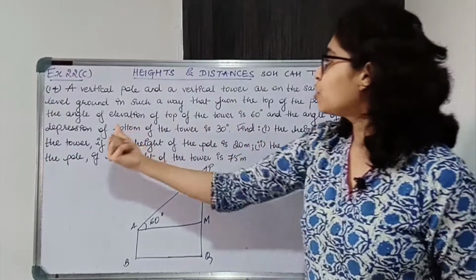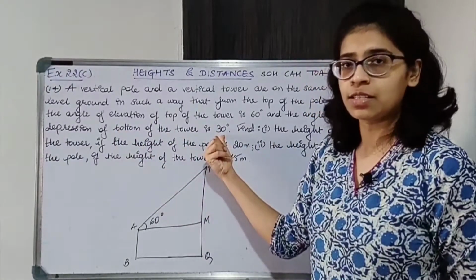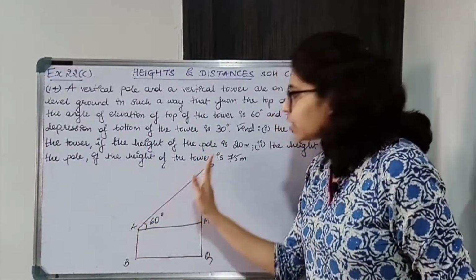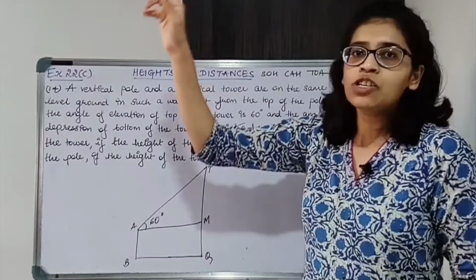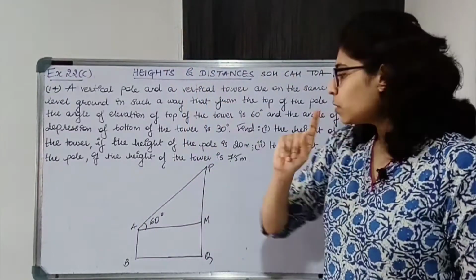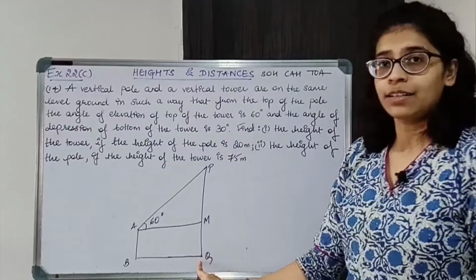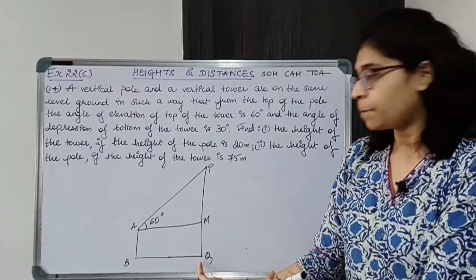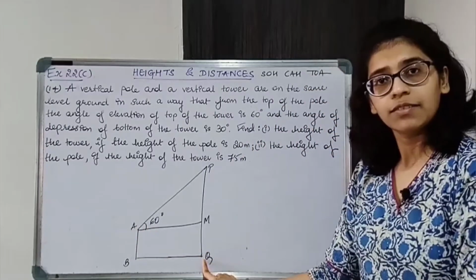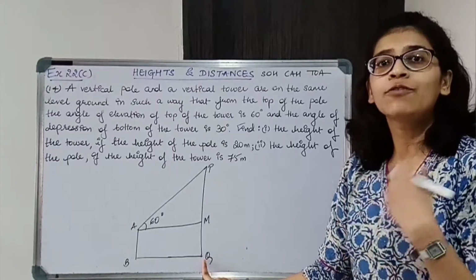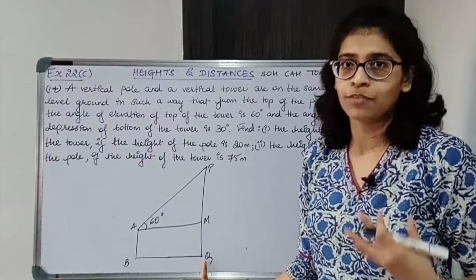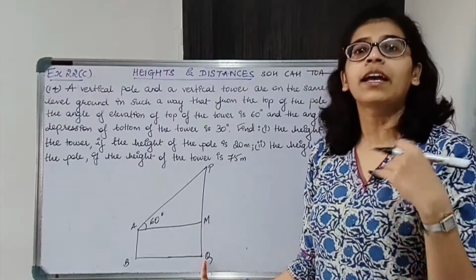And the angle of depression of the bottom of the tower is 30 degrees. Initially you are looking at a higher level, so an angle of elevation is formed. Then you are looking at a lower level, that is at the bottom of the tower. The bottom of the tower is at a lower level, so an angle of depression is formed. When you look at a lower level, an angle of depression is formed.